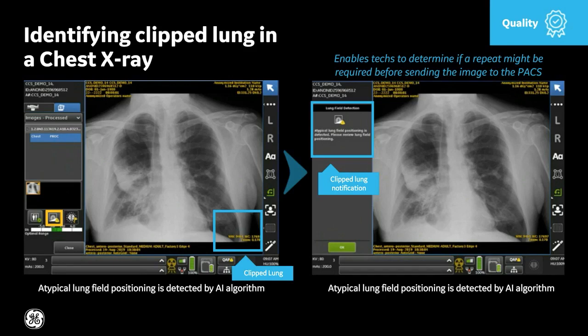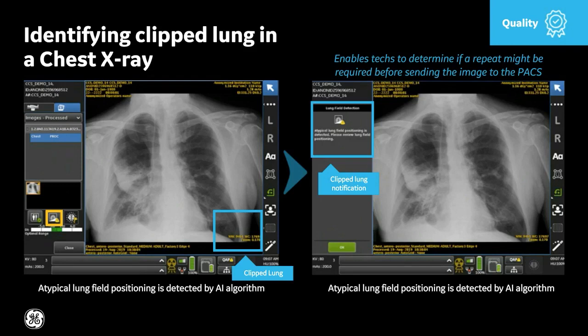How can AI be trained to identify such lung clippings and warn technologists? This is what our Critical Care Suite offers, and we give the option to the technologist to reprocess the image or retake an image before she leaves the site or the patient leaves the hospital. So this is a very, very important feature before the image is exported to the PACS.